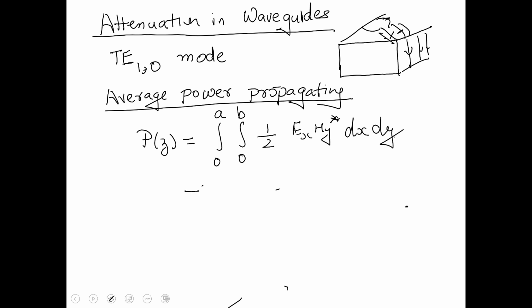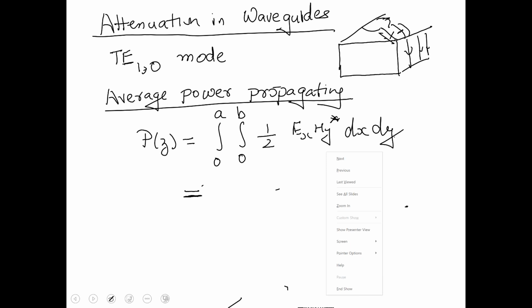Substituting the terms we had derived before, putting all the terms in and doing the calculations, you basically get a sine square variation from 0 to a, sine square pi by a x kind of variation, which is nothing but, when you integrate, a by 2. So it's a simple integral to do.